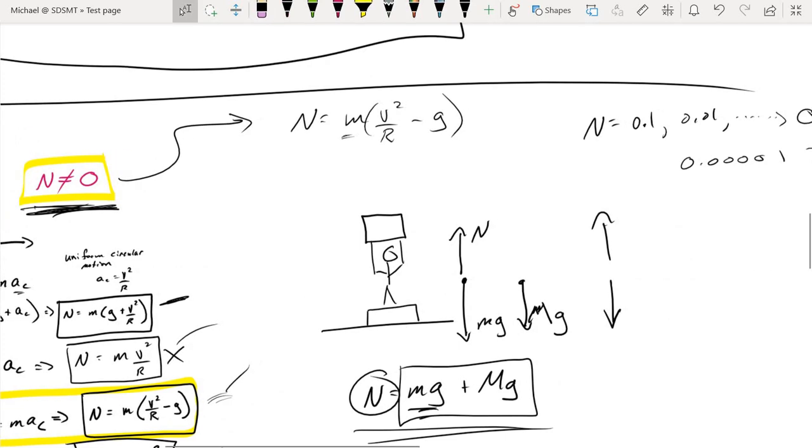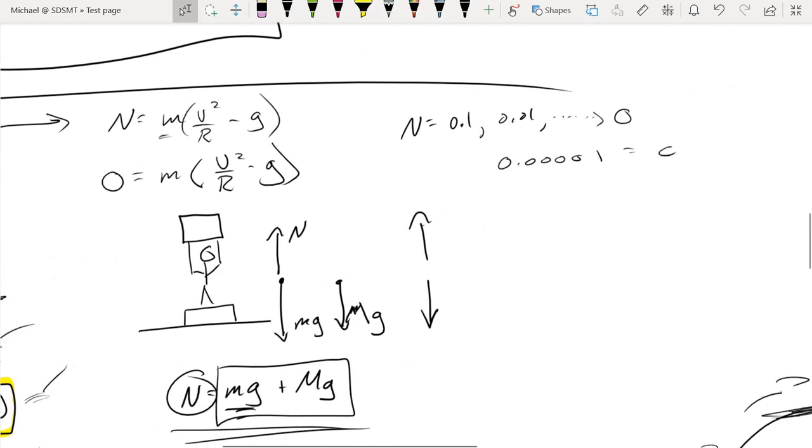But by including a 0 into the math, that makes our job so much easier because it's our job to figure out what that minimum speed is going to be. And right here, if we let the normal force equal 0, then we can say this is the speed at which we're going to lose contact with the track. So let's make sure we're going faster than that. And then we have our answer.